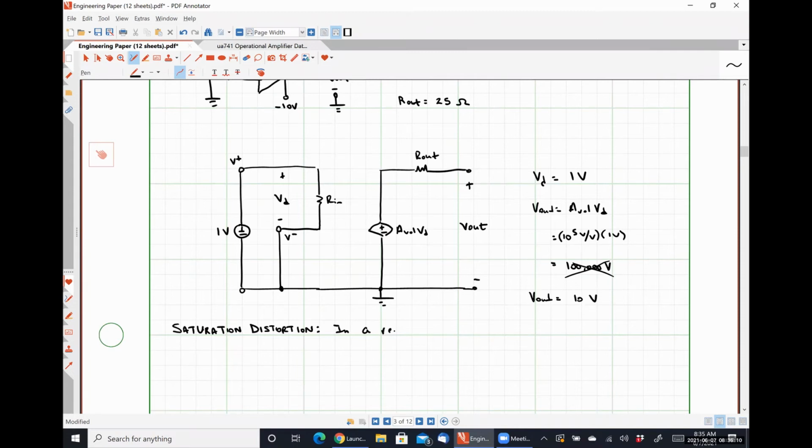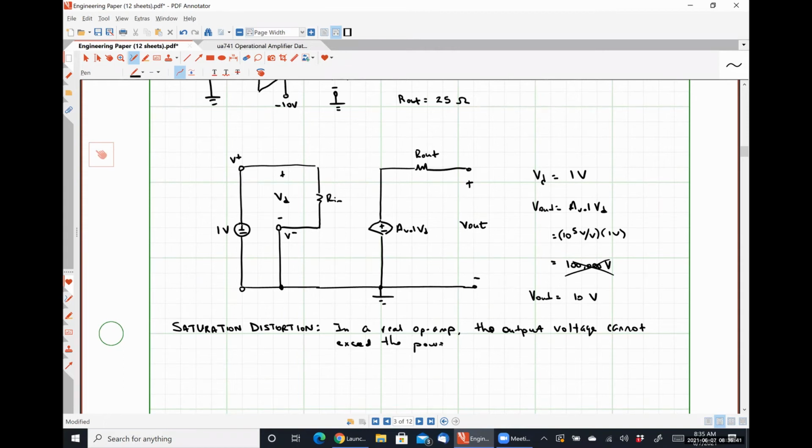In a real op-amp, the output voltage cannot exceed the power supply voltages.